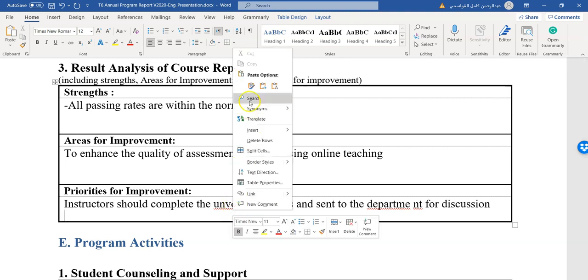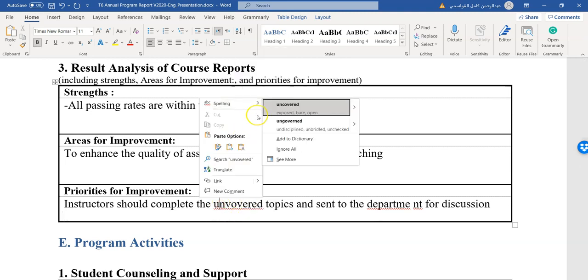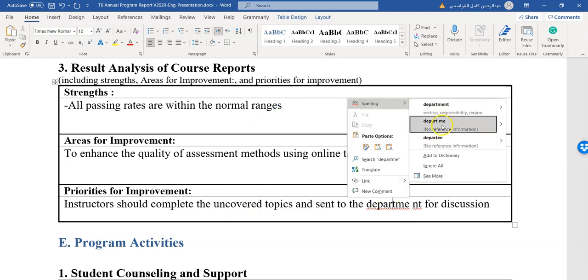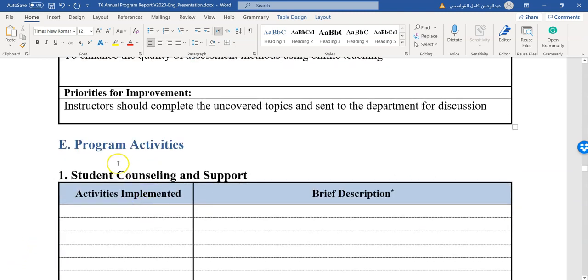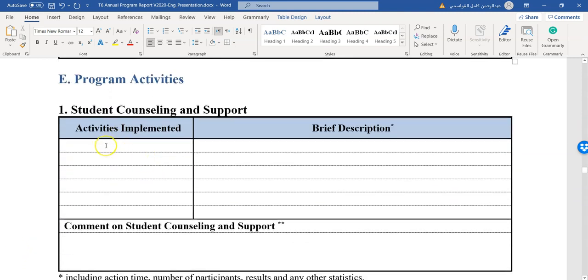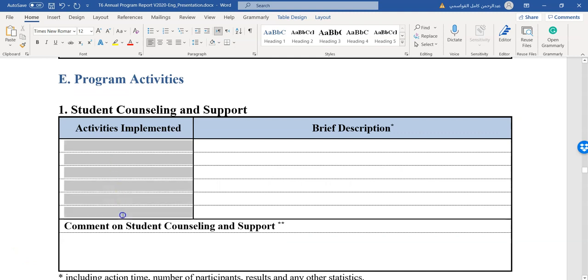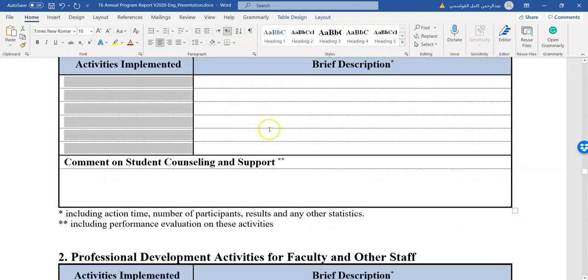So this is maybe priorities for improvement. Program activities, all activities implemented regarding the student counseling and support.